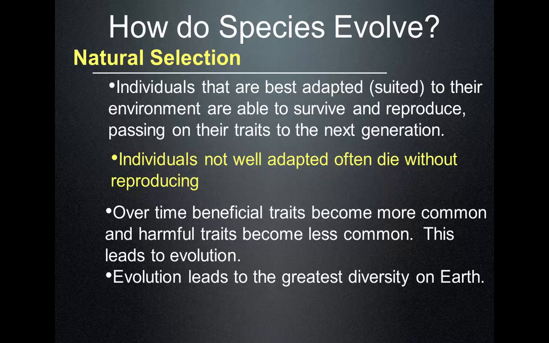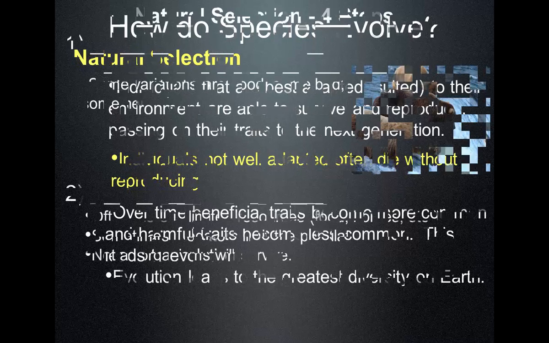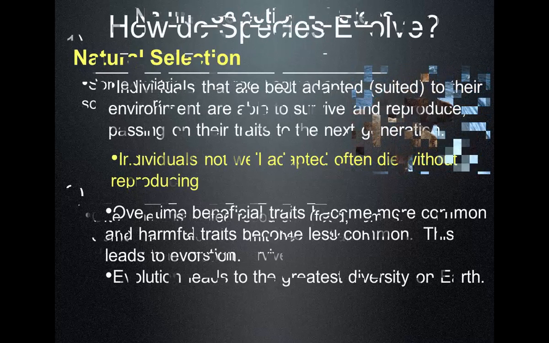Any trait that's harmful becomes less common. And if you continue that generation over generation over generation, the entire species changes. And that's what we call evolution. We also have species splitting off and forming new species through this process. And that's why we have so many different types of living things on Earth.